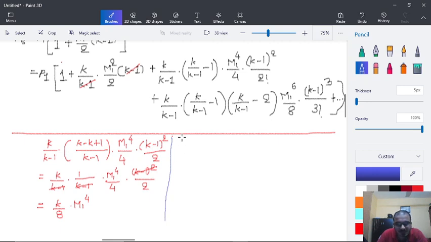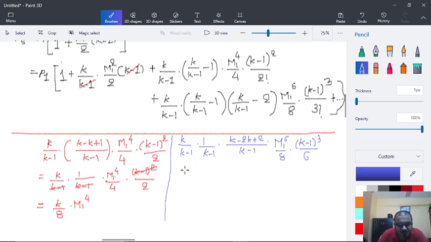Here we can see it will be k upon k minus 1. We have already simplified this term over here, which is nothing but 1 upon k minus 1. Now this third term, k minus 2k plus 2 upon k minus 1 into m1 raised to 6 upon 8 into k minus 1 cube divided by 6.